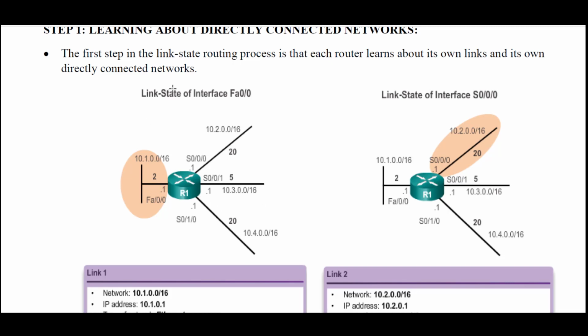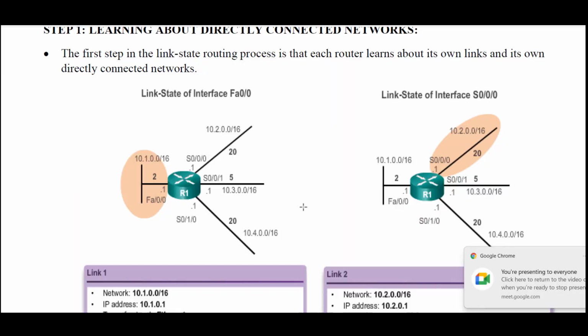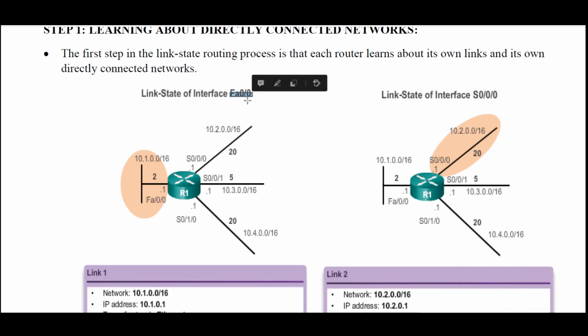Now the router is going to learn about this first. What are the networks directly connected? What are the links directly connected in the router? You can see the link state of interface FastEthernet 0/0 is directly connected.